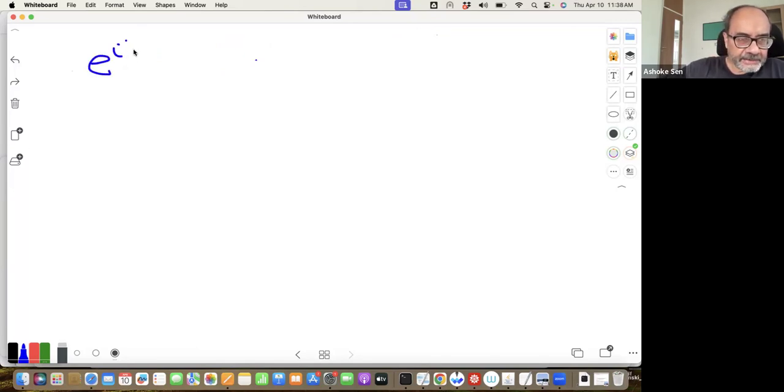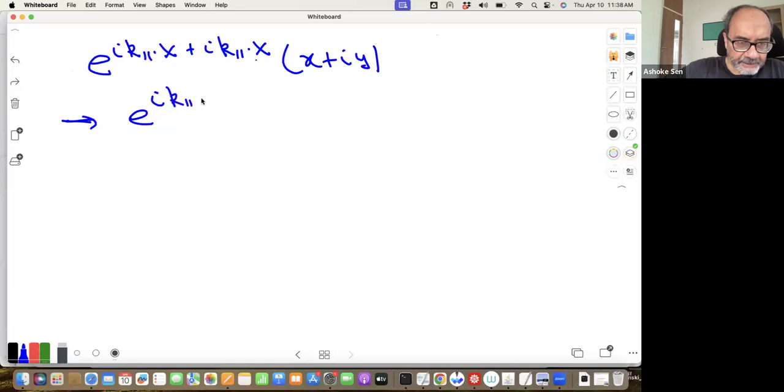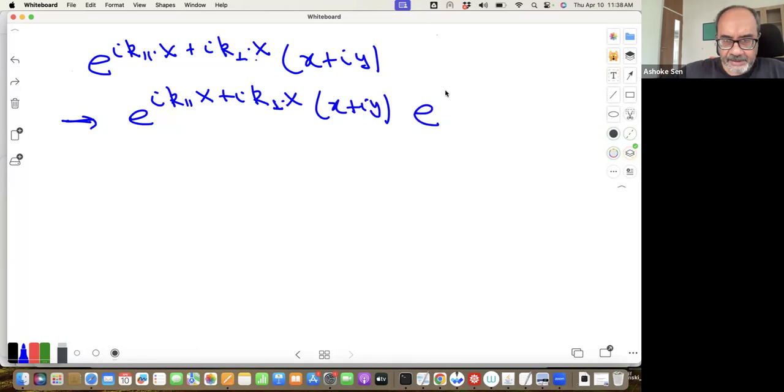if we have e to the i k parallel dot x plus i k transverse dot x at x plus iy, this has to be replaced on the plane by e to the i k parallel dot x plus i k transverse dot x of x plus iy times e to the i k parallel dot x minus i k transverse dot x at x minus iy.